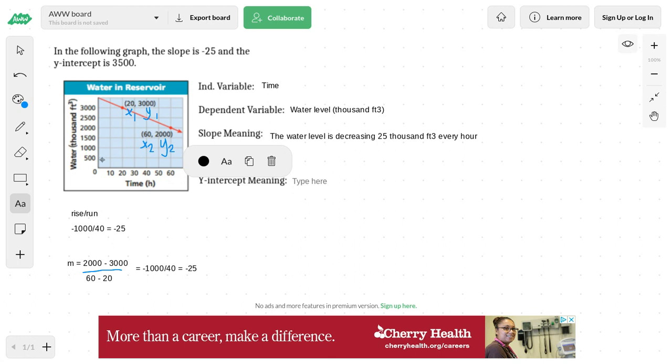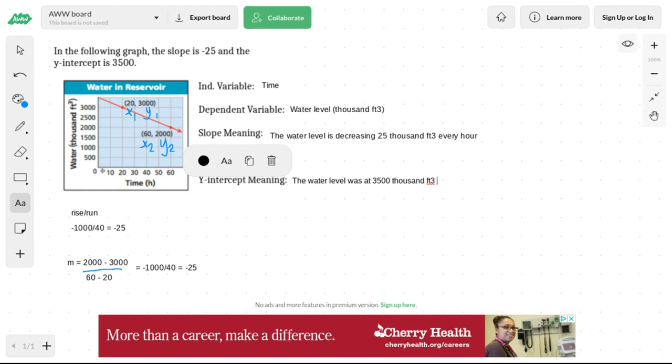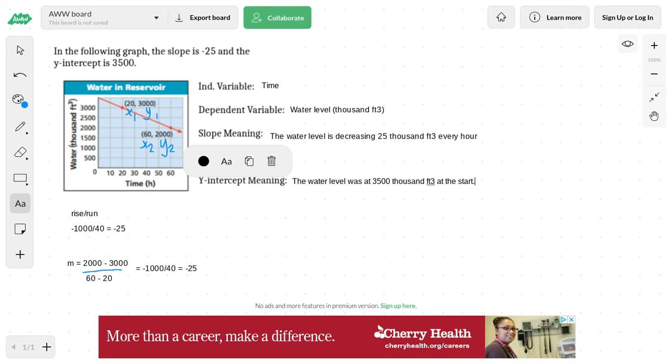And so the y-axis over here is talking about the water level. So I'm going to say the water level was at 3,500,000 feet cubed. And the y-intercept is like at the start, at the beginning. And if you look down here, the time that has passed at that moment is 0 hours. So I'm going to say at the start. And that's all that you need to know.